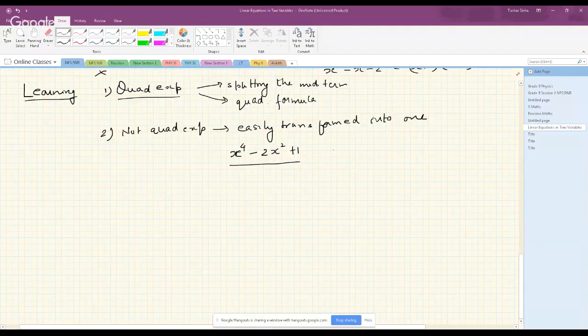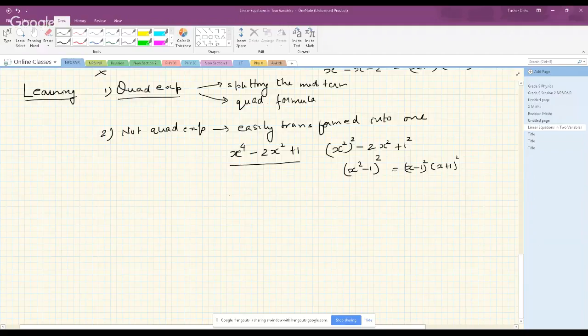How? It's x square minus 2x square plus 1 square, which is nothing but x square minus 1 whole square. So it was reduced to a quadratic form, and then x square minus 1 can be written as x minus 1, x plus 1, with a square on both of them. So be careful. If you're getting a pattern like that, then if it is a biquadratic, it can be reduced.